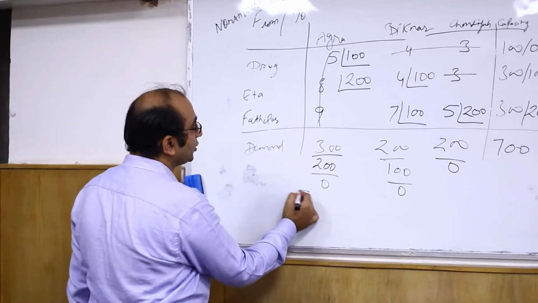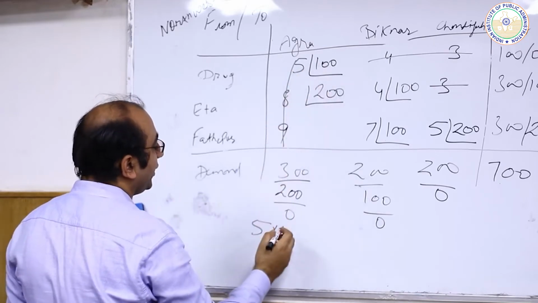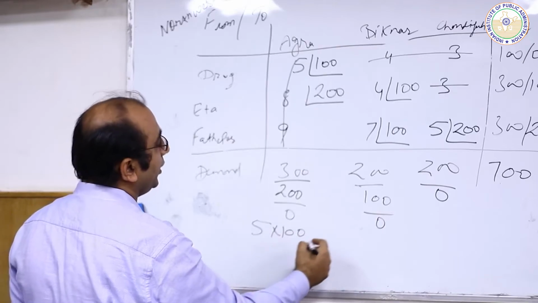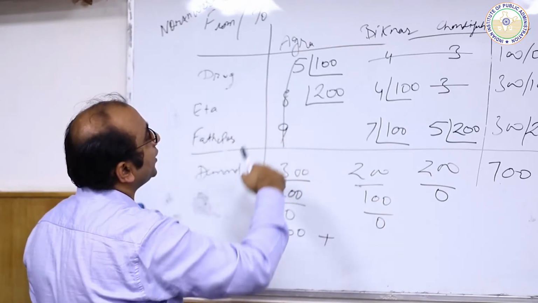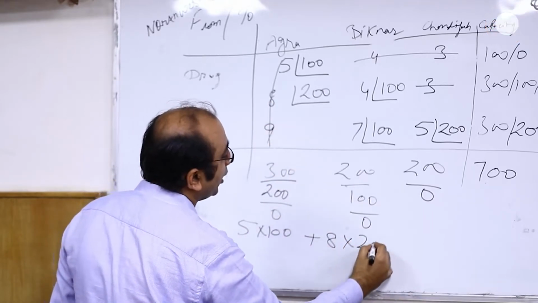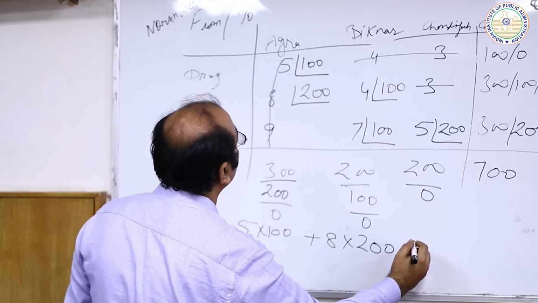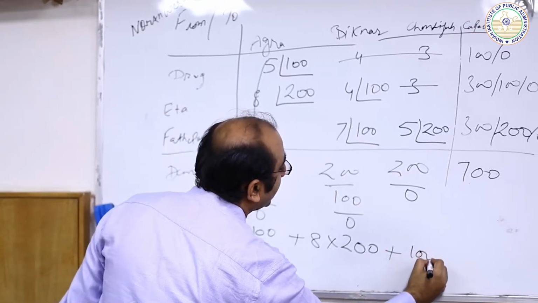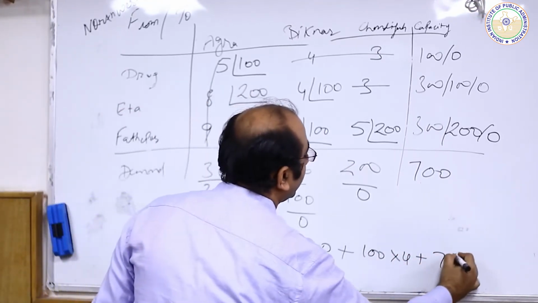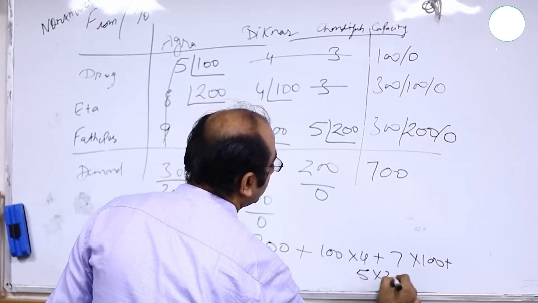So, how much is the cost? At 5 per unit we are transferring 100, that is from Agra to Durg, so 5 into 100, plus we transfer from Etah to Agra at 8 per unit, and the units are 200. In the same way, 100 units from Etah to Bikaner, that is 100 into 4, plus 7 into 100, plus 5 into 200.